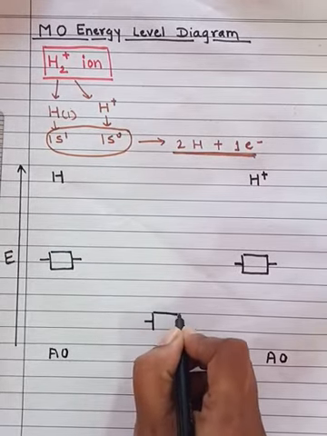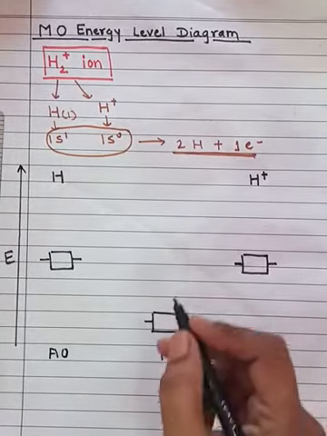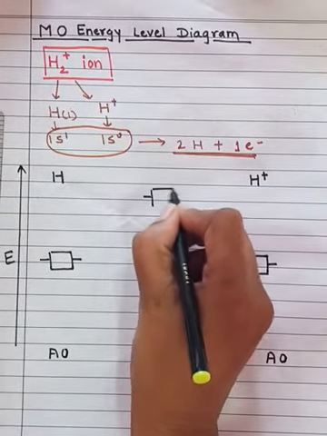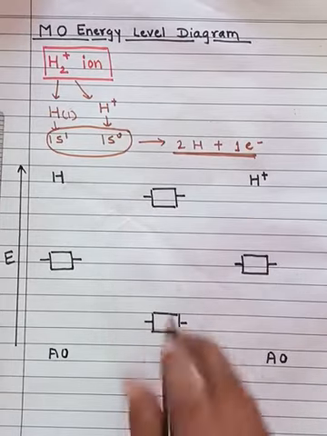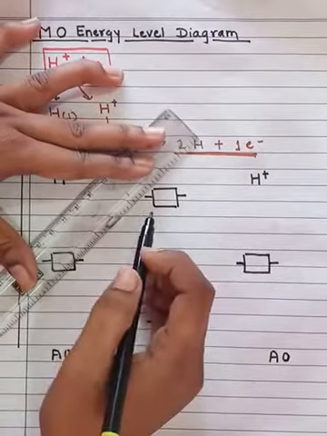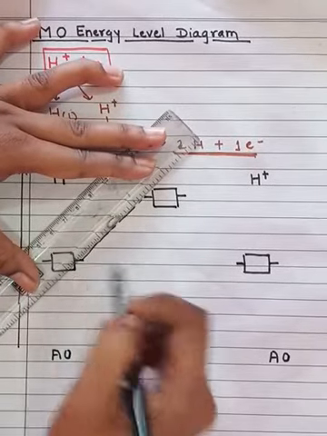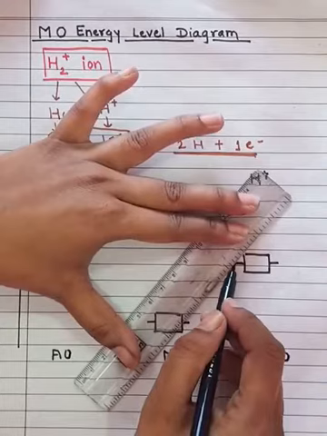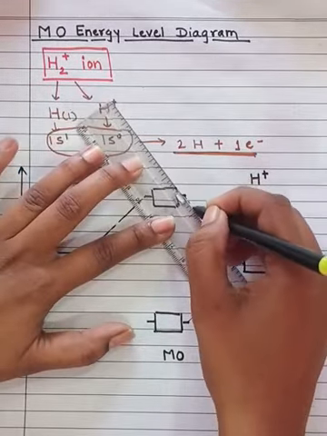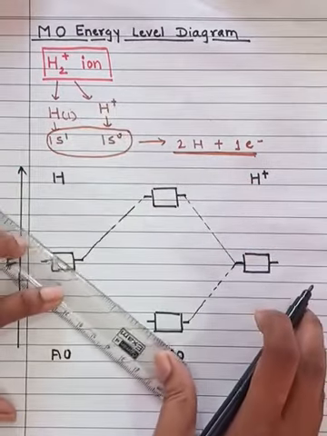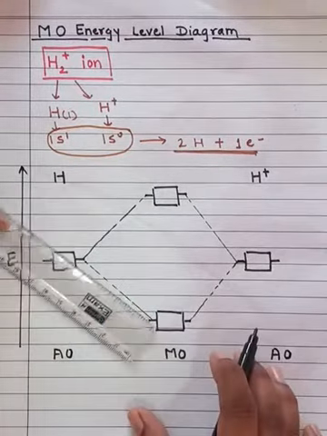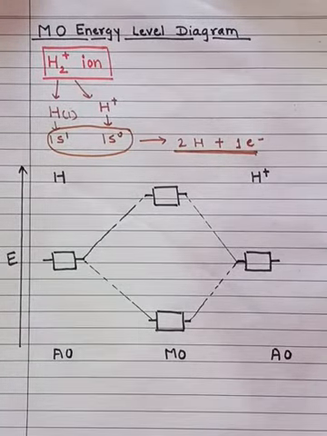This is the first molecular orbital, which is known as the bonding molecular orbital, and then we are having the second molecular orbital, which is known as the anti-bonding molecular orbital. Then they are attached to one another like this. Okay, so this is the MO energy level diagram for the H2 plus ion.